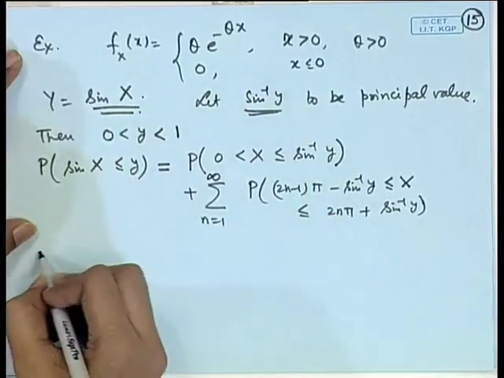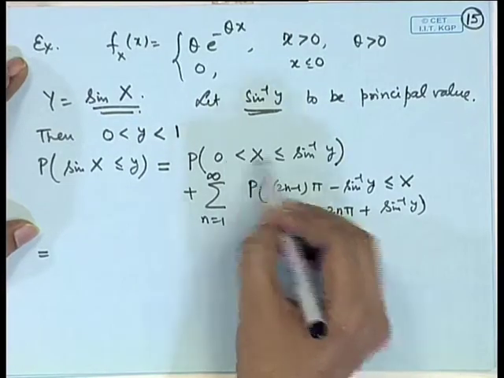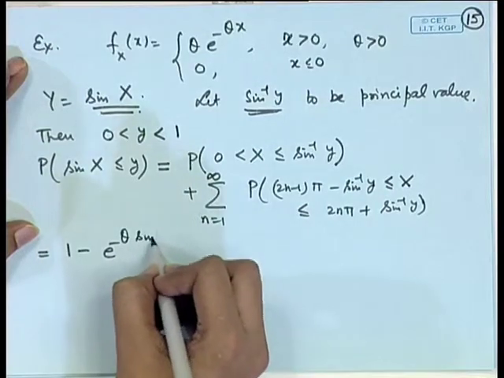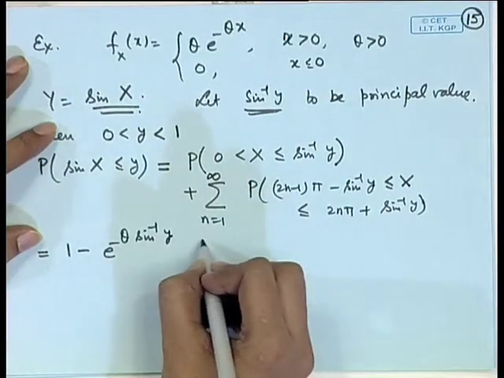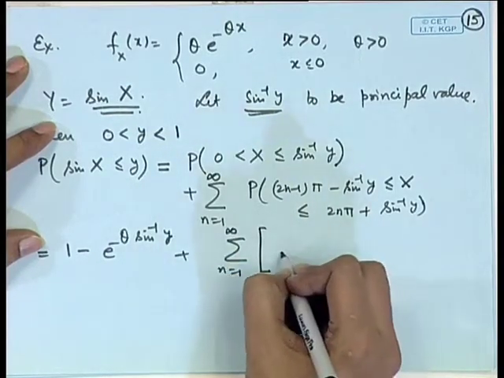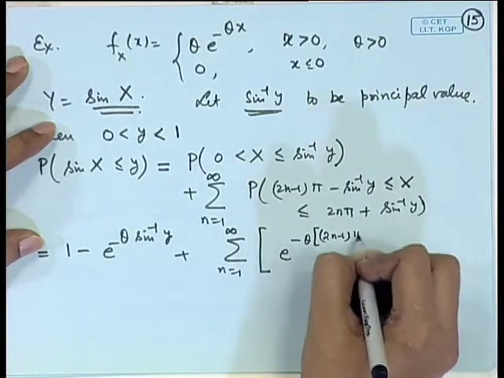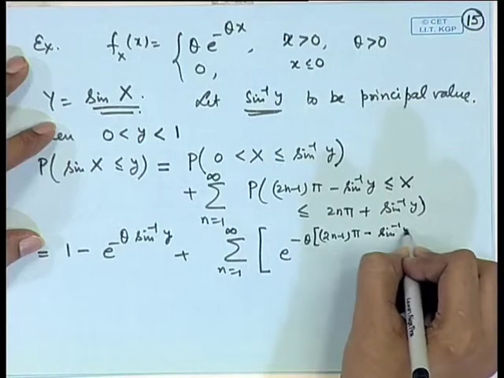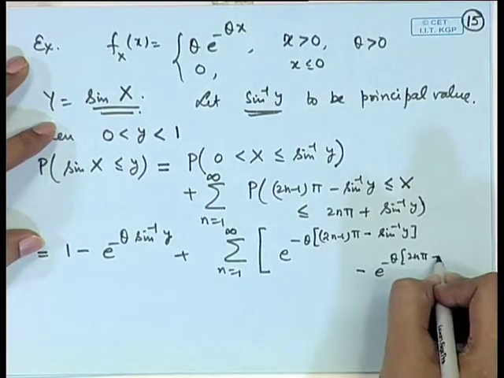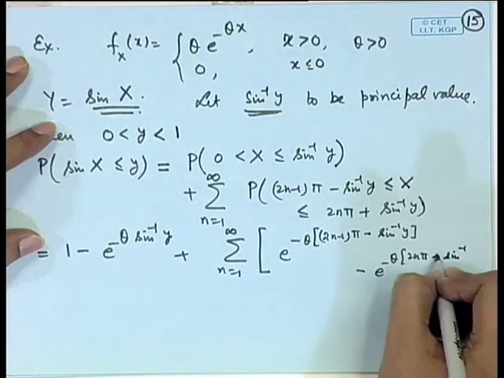So, now this probability, using the exponential density function, the probability of x lying between 0 to sin inverse y is 1 minus e to the power minus theta sin inverse y plus summation n is equal to 1 to infinity e to the power minus theta 2 n minus 1 pi minus sin inverse y minus e to the power minus theta 2 n pi plus sin inverse y.